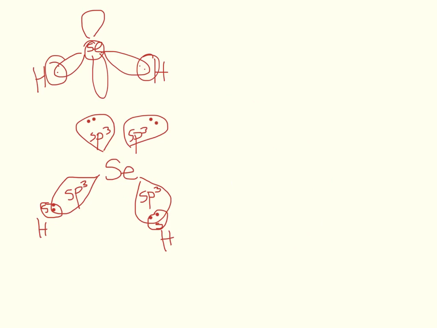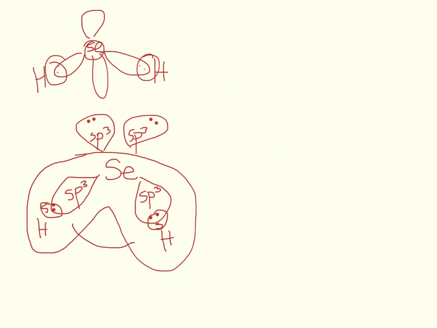But since we're only focused on the molecular geometry, you can see that it's bent. And this angle right here is going to be less than 109.5, which is the angle of a tetrahedron.